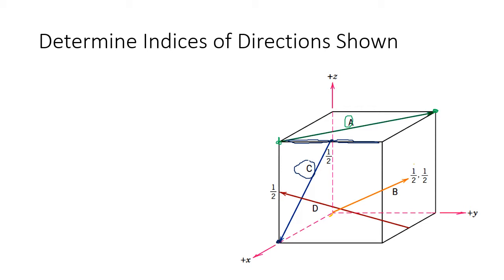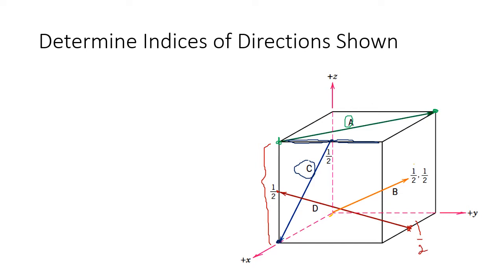Okay. Finally, direction D originates from the center of this edge, bottom edge of this unit cell, and it terminates at the center of this edge of the unit cell. Okay. So although half is not given here, this should be actually half.